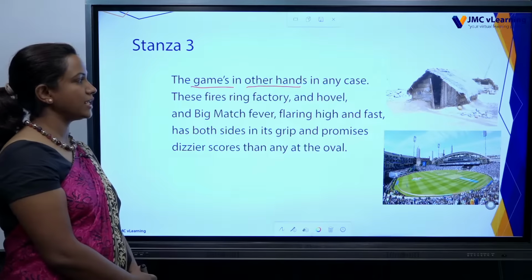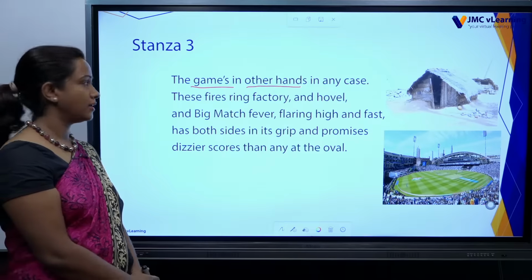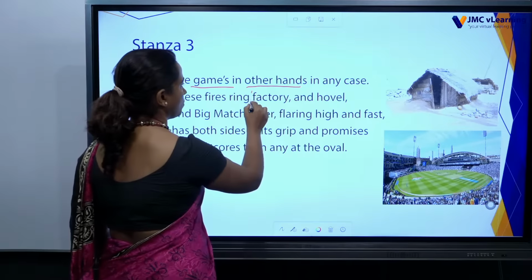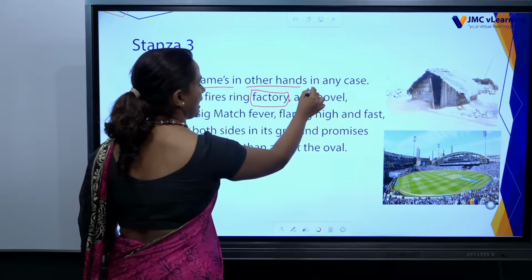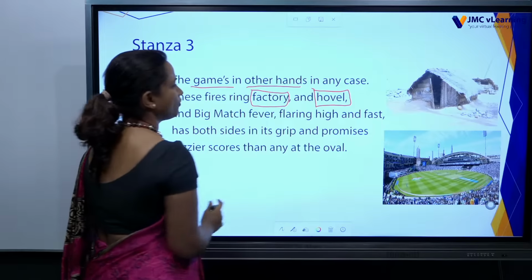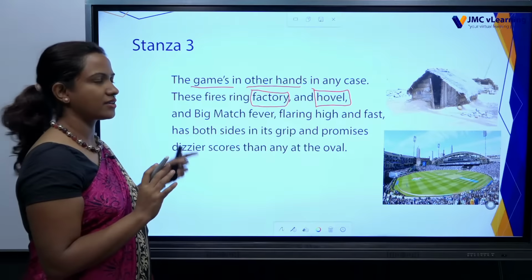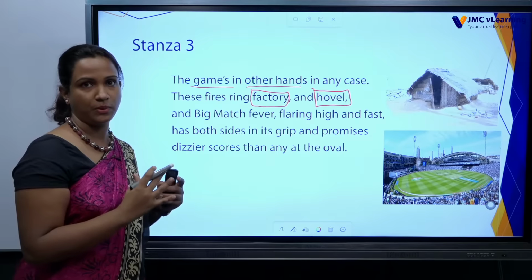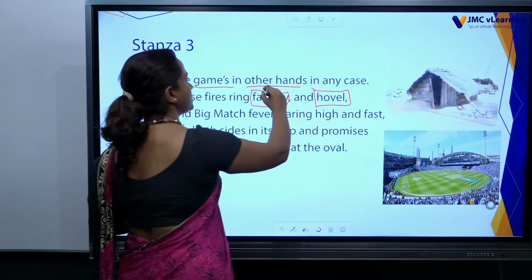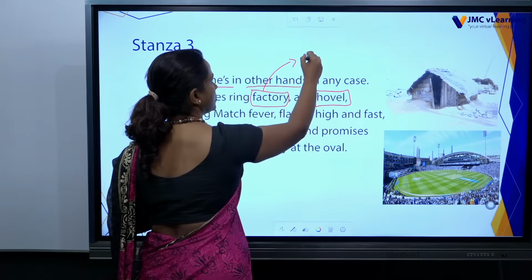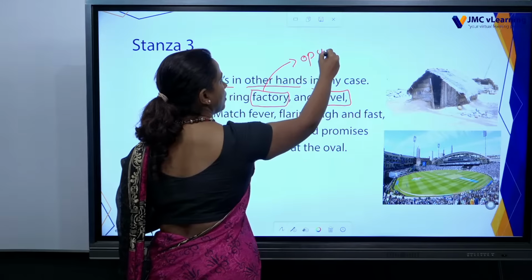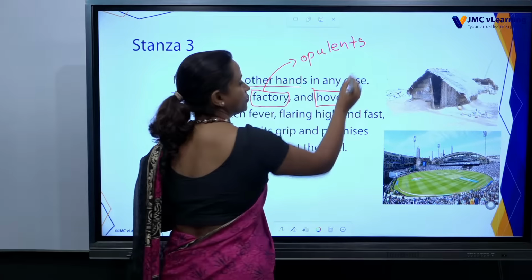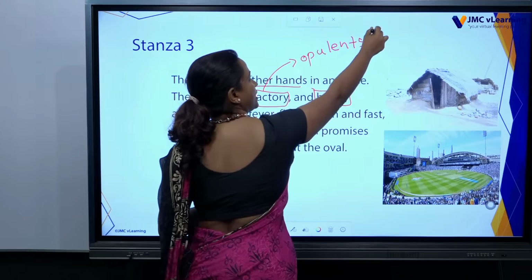These fires ring factory and hovel. These fires come to a factory. Usually factories are owned by wealthy people, or you also call it opulence. Opulence means rich people.